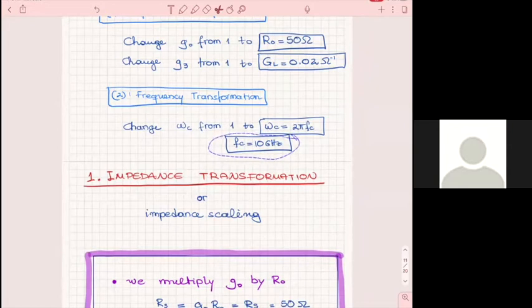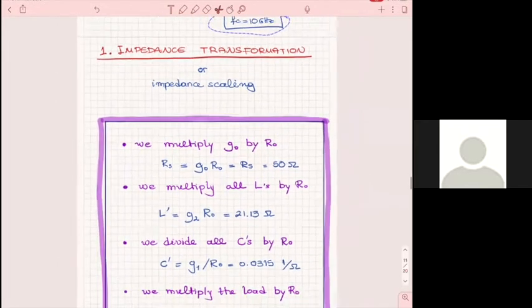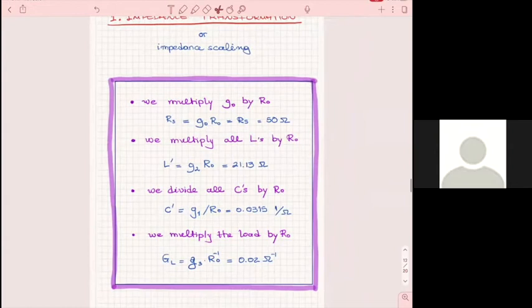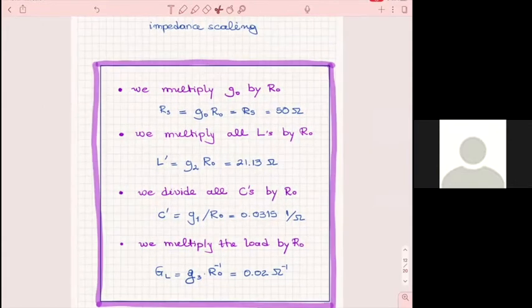And the 1 means nothing. It does not have any units, all right? So we have to go through two transformations. One is called the impedance transformation, or impedance scaling. What that does is transfer all of the resistors into the real value.